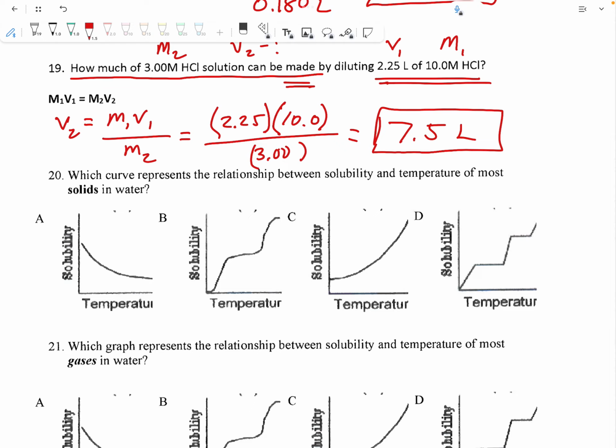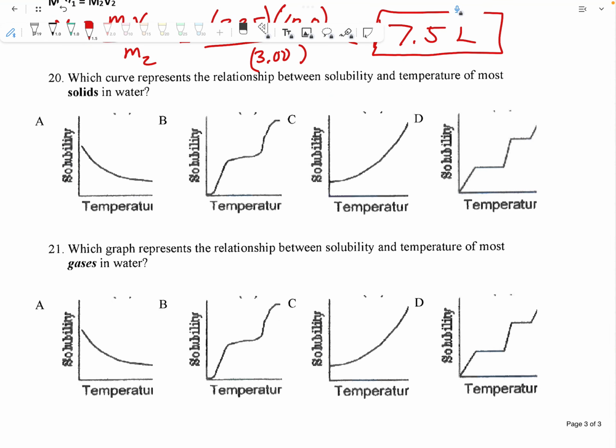Okay, last two. Which curve represents the relationship between solubility and temperature of most solids in water? This is solids, guys, not gases. So if you remember from the rock candy lab, when we increase the temperature, solubility is supposed to increase, and it does. The only one that does that kind of curve is this one right here.